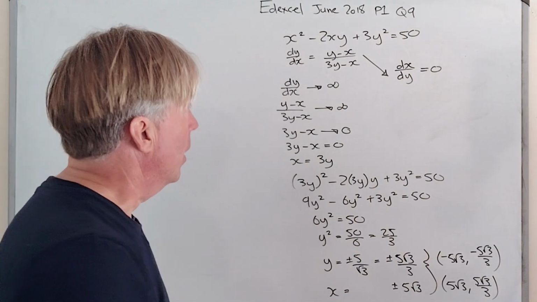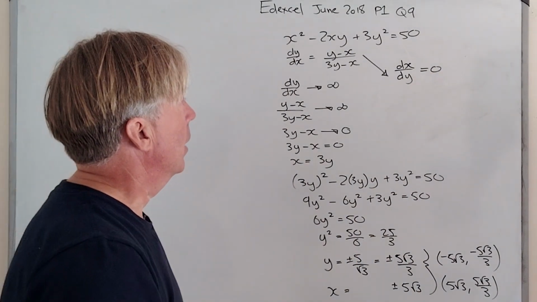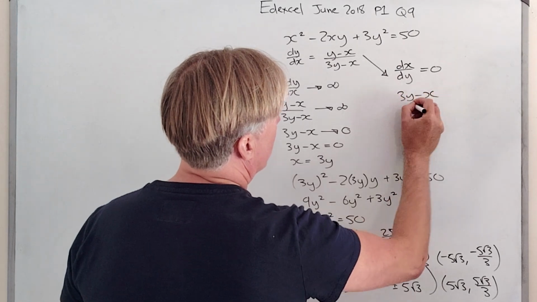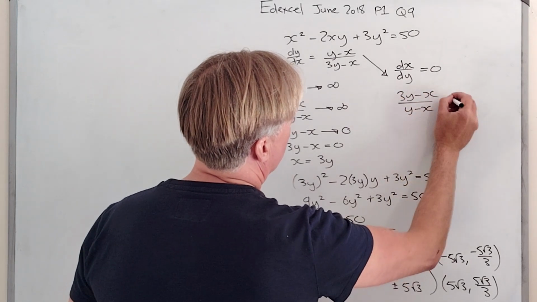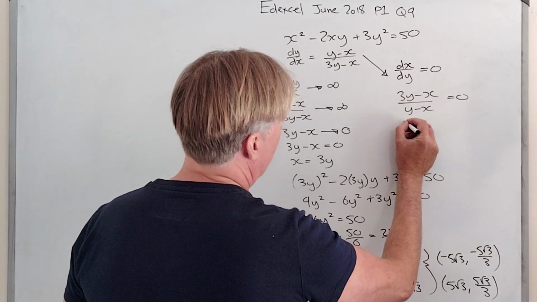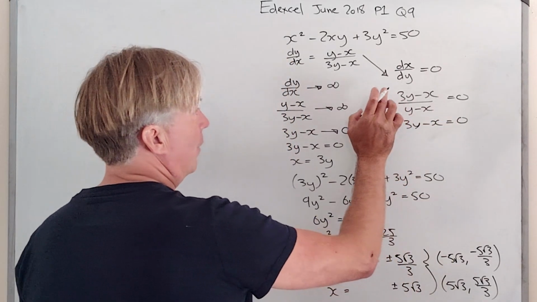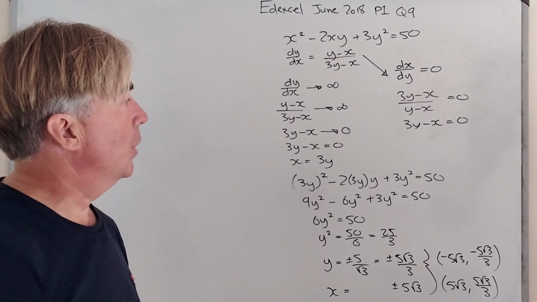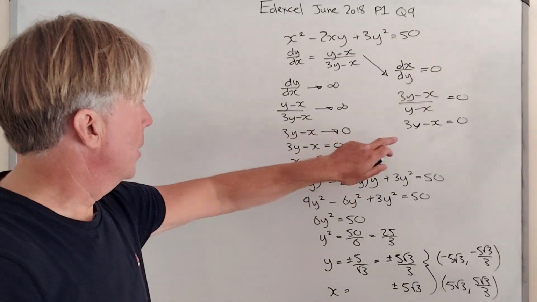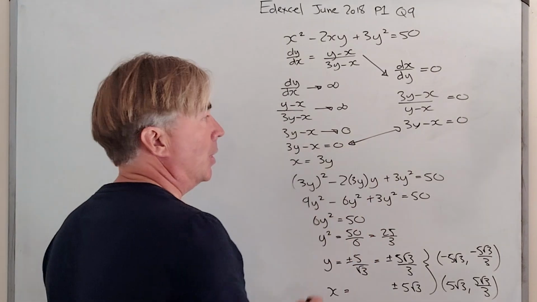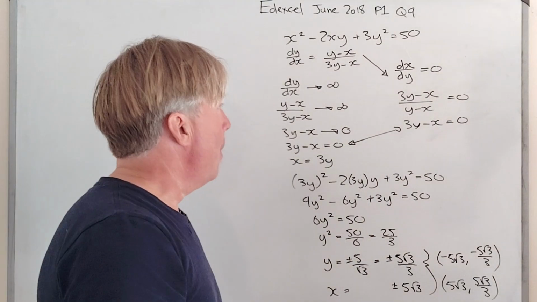And that would give me the vertical lines that we were looking for, i.e. 3y minus x over y minus x equals 0. And we end up with exactly the same result. Because obviously if that tends to 0, then 3y minus x must be 0. And we end up with the same result as we had before. But actually conceptually a little easier, I think.